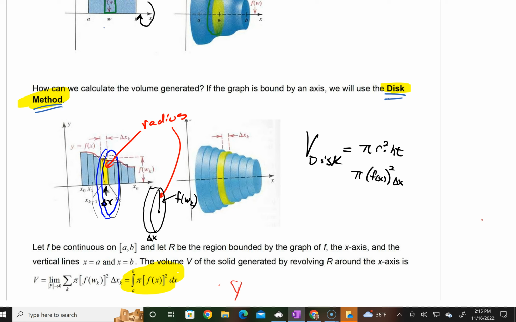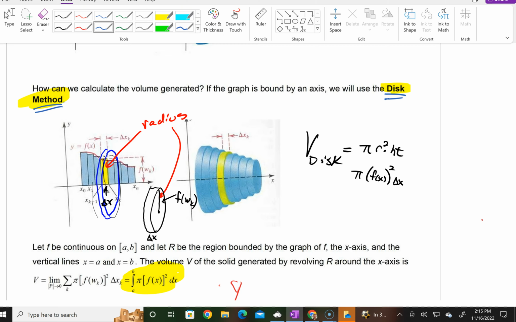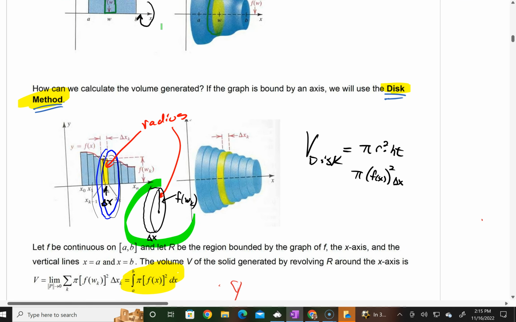But look what's happening here. What if we took one single rectangle, just one, and we revolved that around the x-axis? Guess what kind of a shape you would get? You would get a disk. And that's really what we're seeing right here.